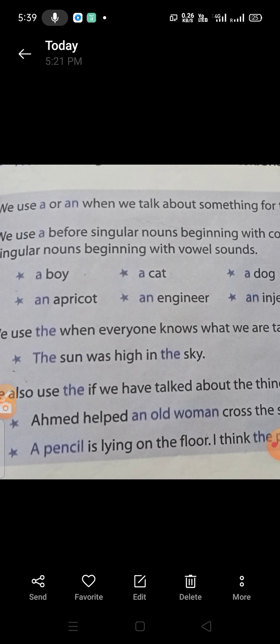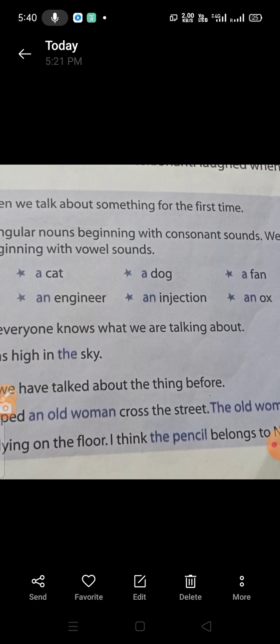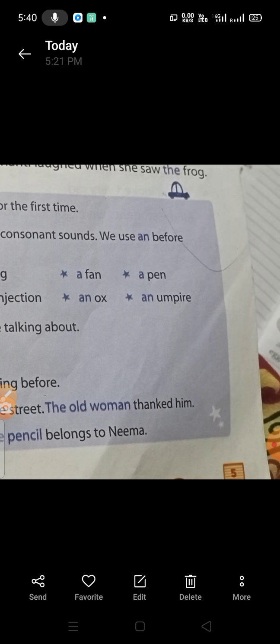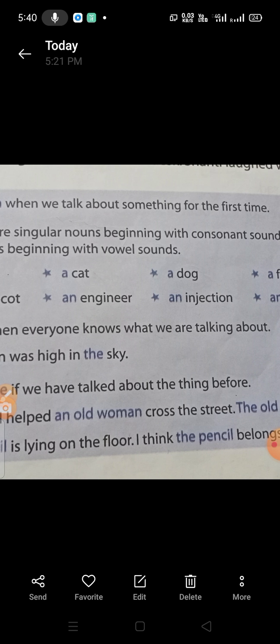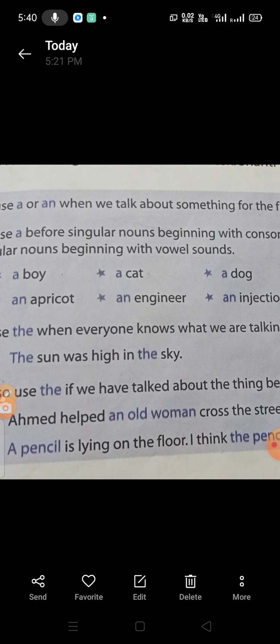Ahmed helped an old woman cross the street. Again here we are not using an old woman, we are using the old woman thanked him, because we are speaking the second time here. A pencil is lying on the floor.